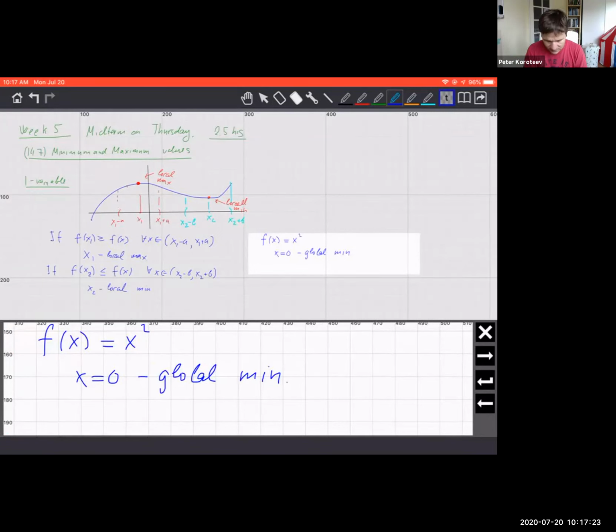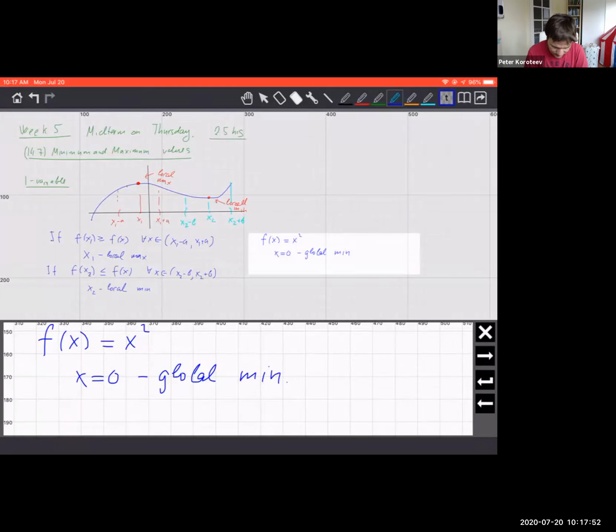Often, if you have a boundary, the domain is given by some interval, and it happens that the value of the function at the boundary of that interval exceeds or is the smallest out of everything, and that will be your global maximum or minimum, and it has nothing to do with any derivative analysis in the vicinity of those points.